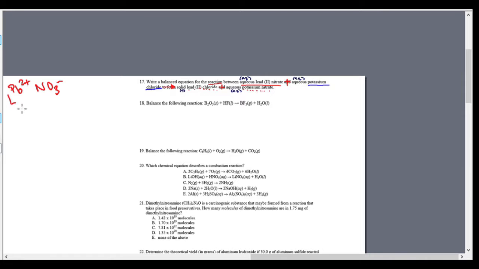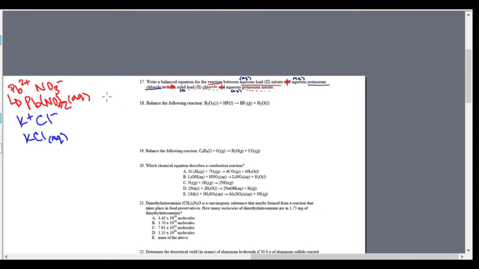So when we put those compounds together, we're going to get Pb(NO3)2 aqueous. The next one is going to be potassium chloride. So we have K plus, Cl minus. So that's going to be KCl. That's going to be aqueous.